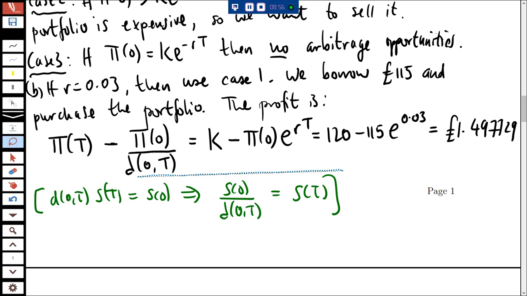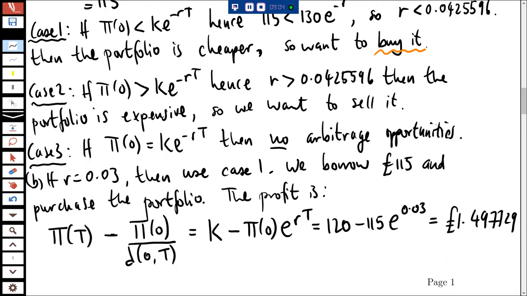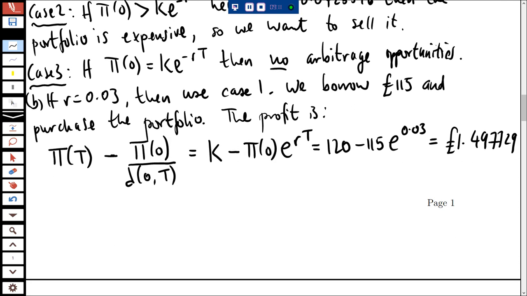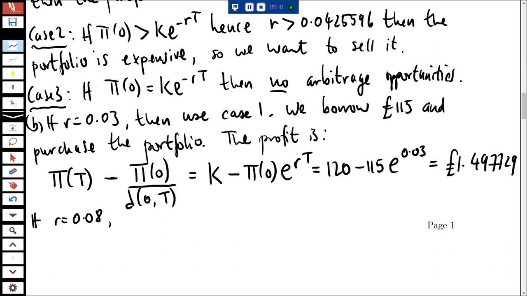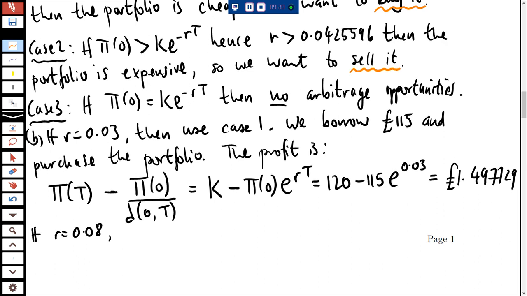Okay, how about the other case? So we've done 3%. How about 8%? Let's take a look at 8%. So case 2, if the rate is bigger than about 4.3%, yes, ours is 8, then we want to sell it.